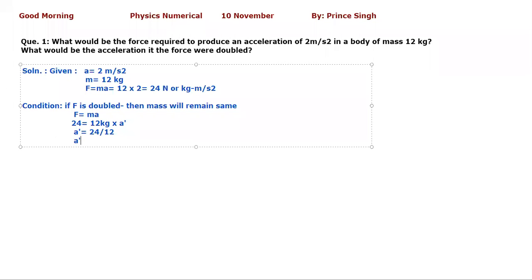So a dash will be 2 meter per second square. Okay. So the new acceleration we get as 2 meter per second square.